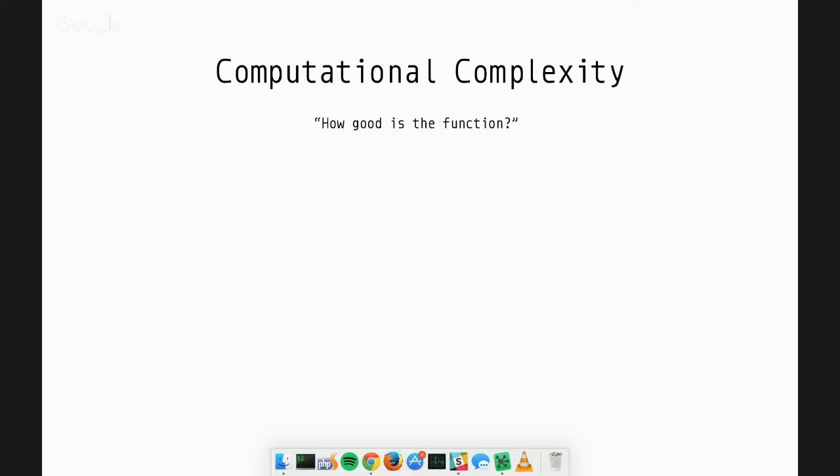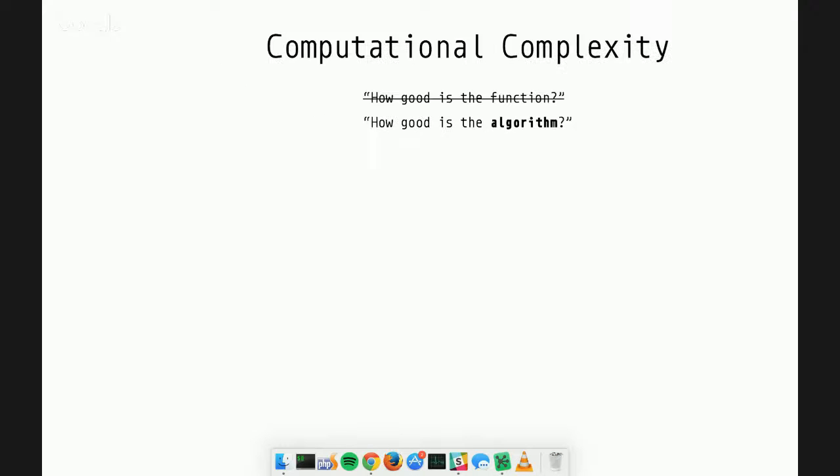And there's a very easy intuitive way of talking about that, and I'm going to try to detail it in as much detail as possible in today's Breakfast Bash. The concept is computational complexity, and basically what you want to find out is how good a function is. In our case, we want to figure out how good the algorithm is.